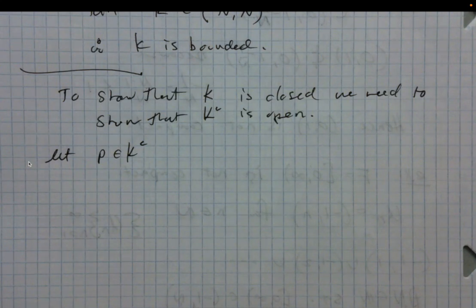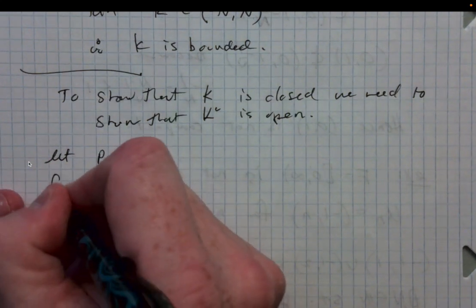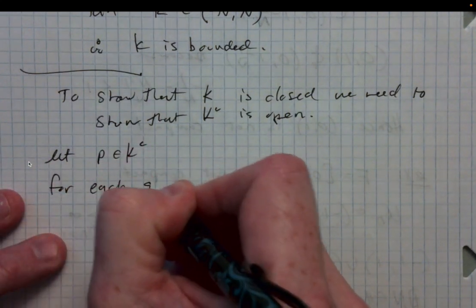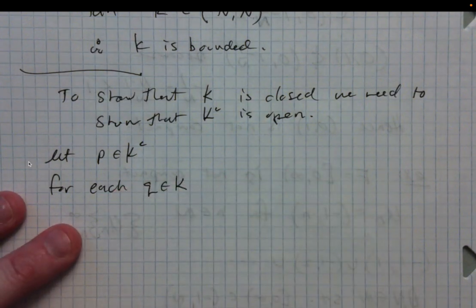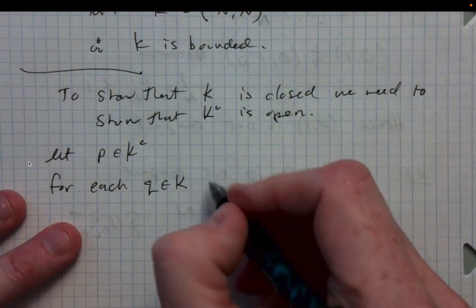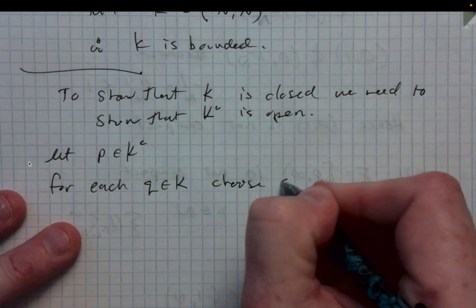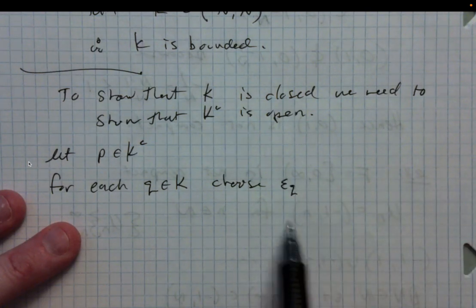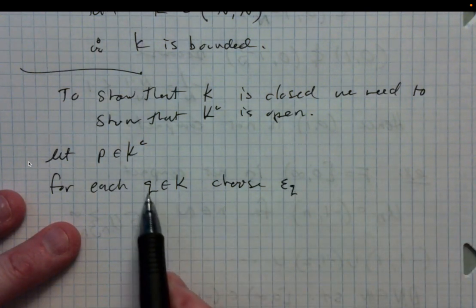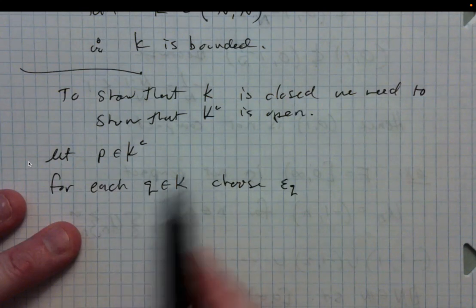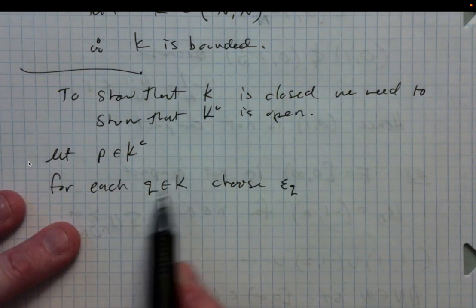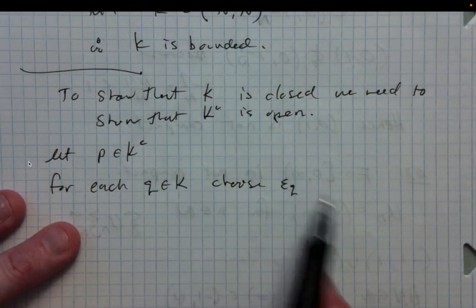Okay, now for each Q in K, we can choose epsilon Q, right? The index set being the name of the point. There's potentially infinitely many points in K, so there's potentially infinitely many epsilons.